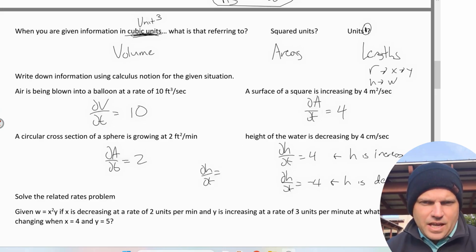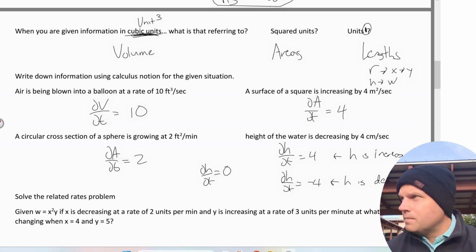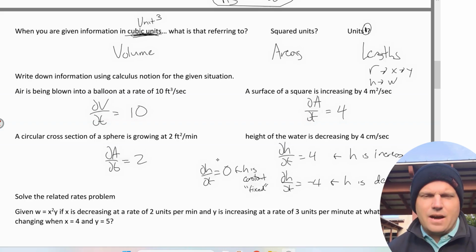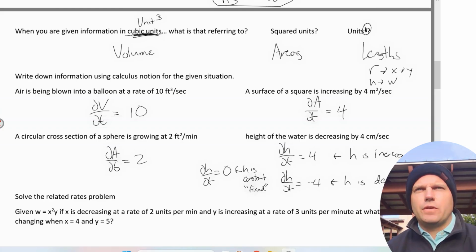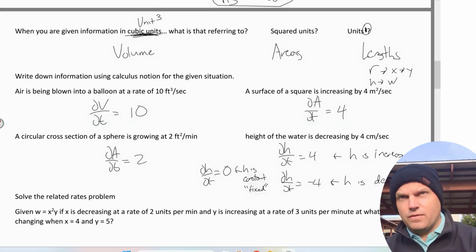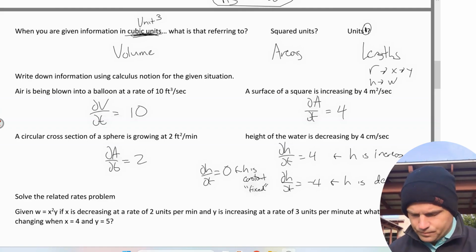Keep in mind that if your derivative is 0, h is constant. It is flattened out. It is fixed. And I'm just talking about understanding derivatives and their signs and what they mean. If a slope is positive, if a derivative is positive, something is increasing. If a derivative is negative, something is decreasing.